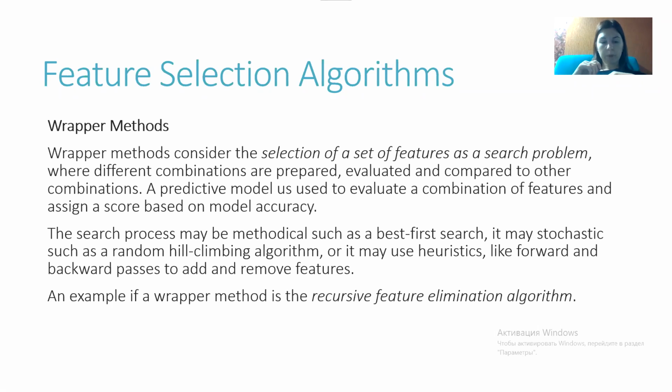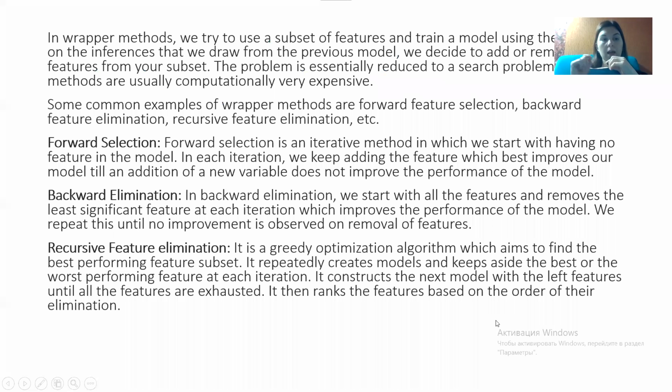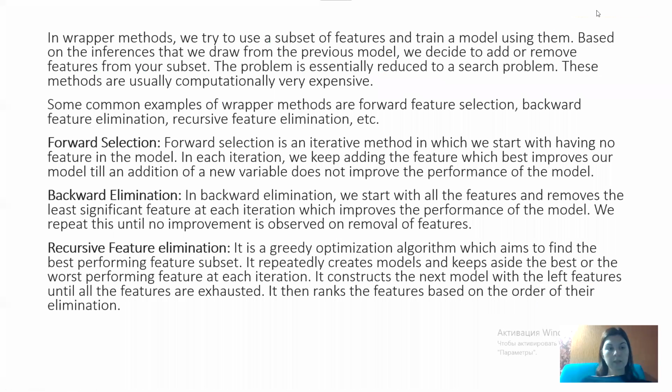An example of a wrapper method is the recursive feature elimination algorithm. Also, in wrapper methods, we try to use a subset of features and train a model using them. Based on the inferences that we draw from the previous model, we decide to add or remove features from the subset. The problem is essentially reduced to a search problem.